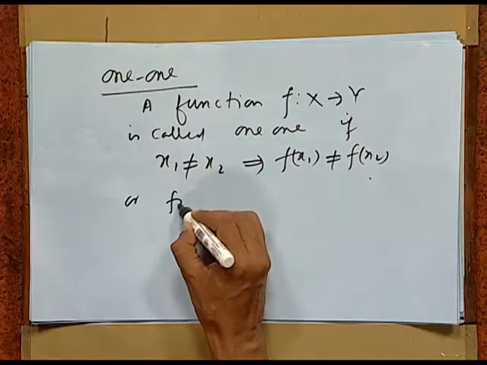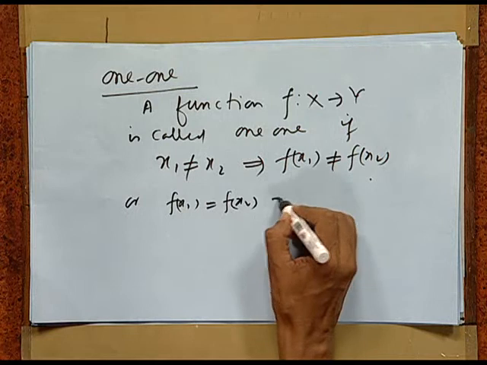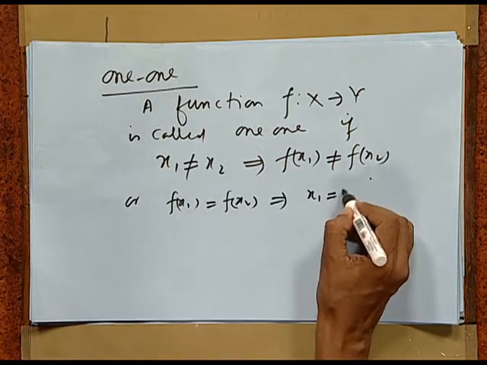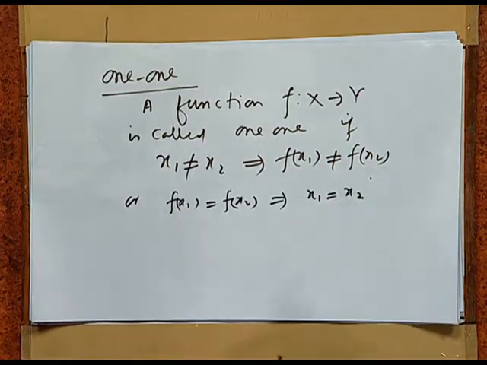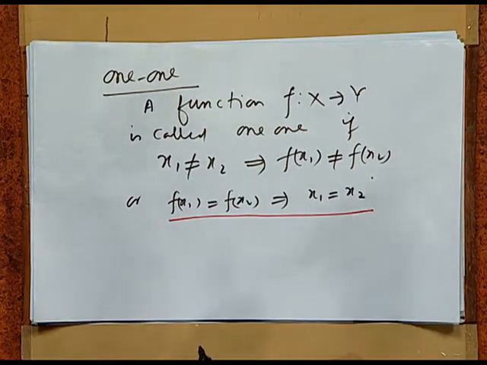But this way of showing in the problem is not very handy. So, we take another form which is contrapositive of this. So, we write f(x1) equal to f(x2) implies x1 equal to x2. So, we shall be using this form most often.